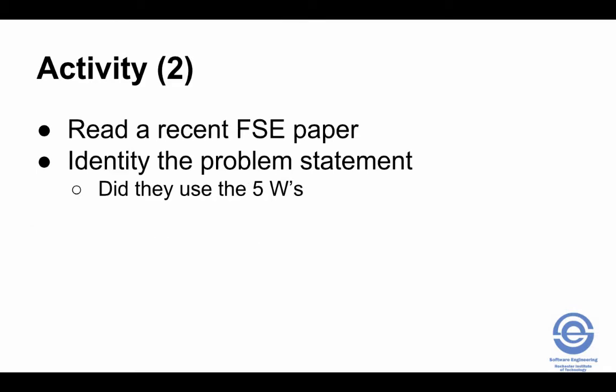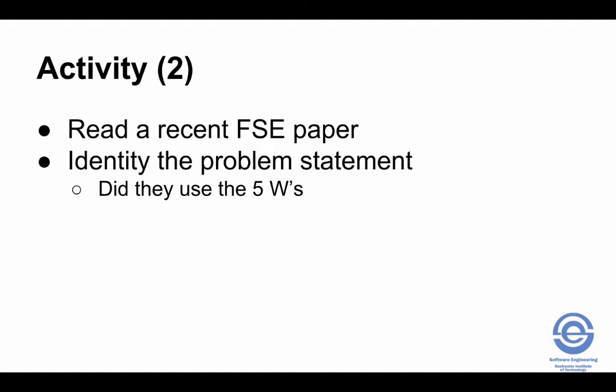The second activity you should do this week is to read a recent FSE paper. When I say recent, I mean one that was published in the last 2 or 3 years. Identify the problem statement, and based upon the problem statement, mention whether they included the 5 W's.